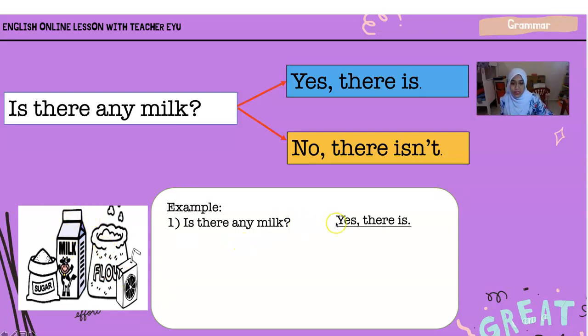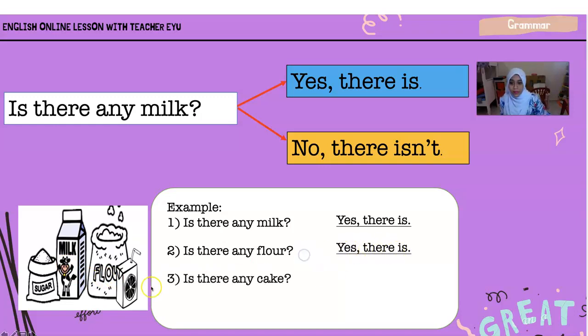So the answer is yes, there is. Number 2, is there any flour? So this is the flour. So the answer is yes, there is. Number 3, is there any cake? There is no cake here. So the answer is no, there isn't.